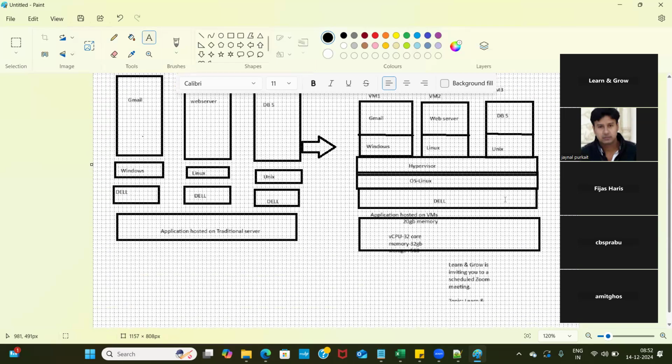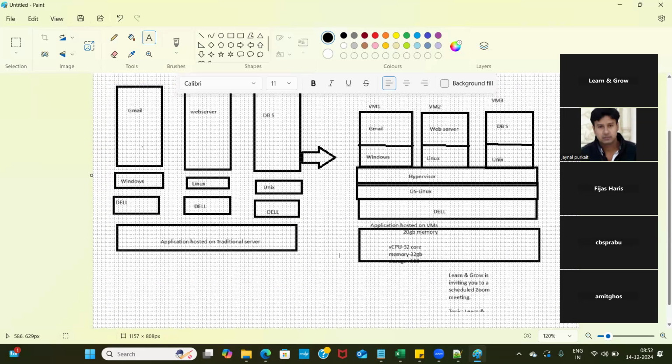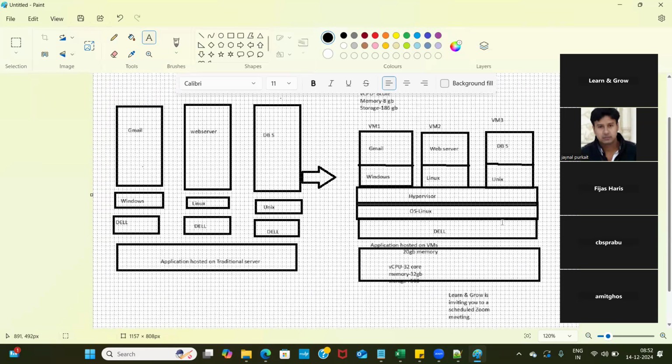It requires a single hardware. You can also get the idea of the difference when I am telling. It has a single unit or single hardware, a single entity to build up the server.